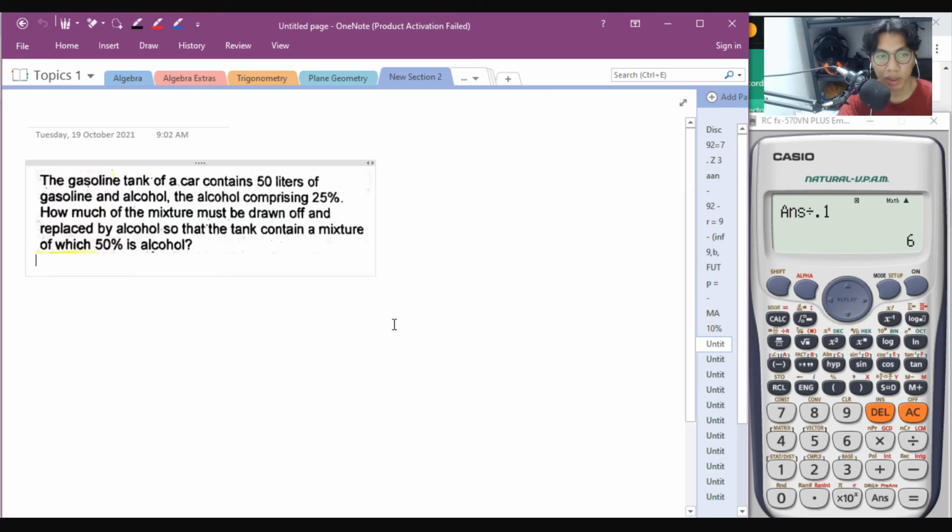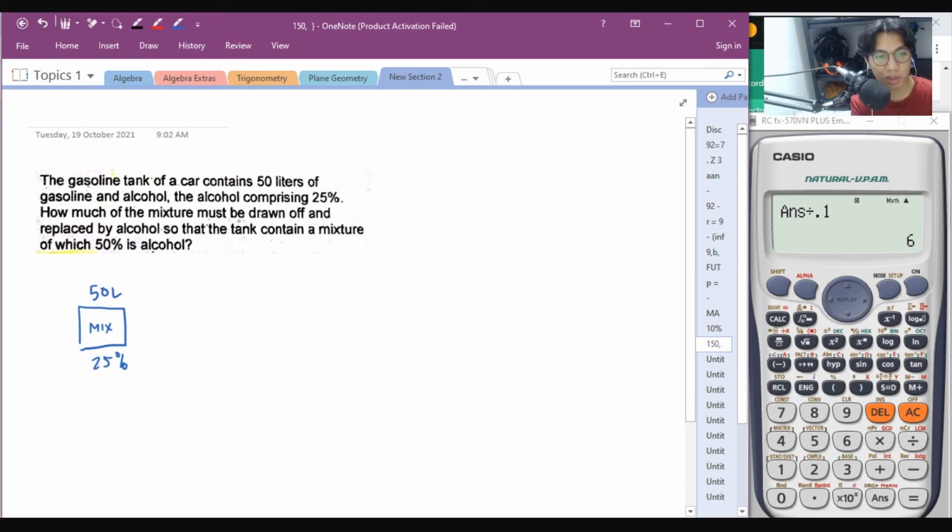Another one. A gasoline tank of a car contains 50 liters of gasoline and alcohol. So, meron kang 50 liters gasoline and alcohol. Mixture yan eh. Comprising 25% alcohol.